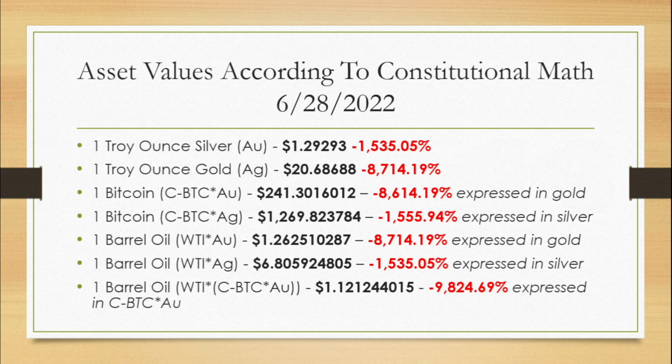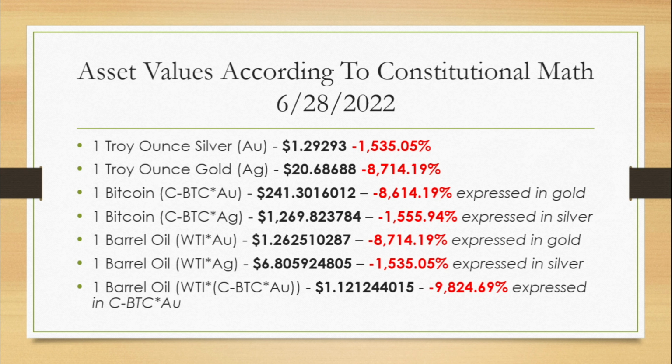We see here that the constitutional value of a troy ounce of silver should be $1.29. We know that an actual dollar is like 0.77 of a troy ounce. We know that a troy ounce of gold, constitutionally speaking, should be $20.68, and has seen roughly an 8,700% decline to current market prices with the Federal Reserve notes.